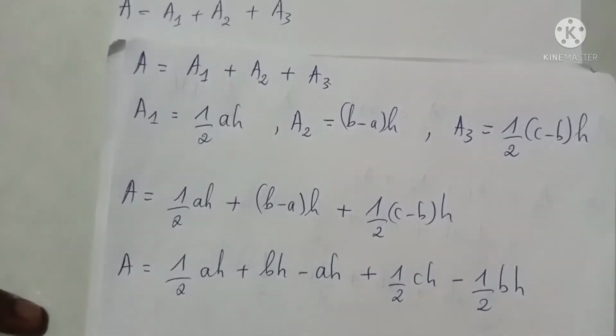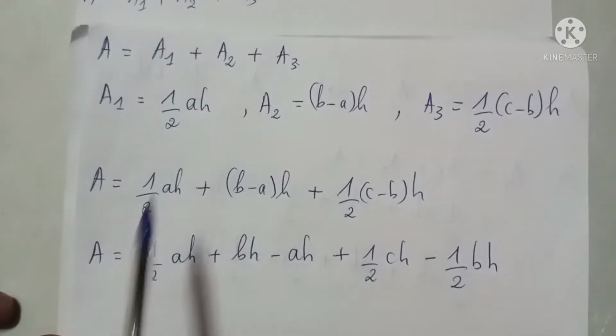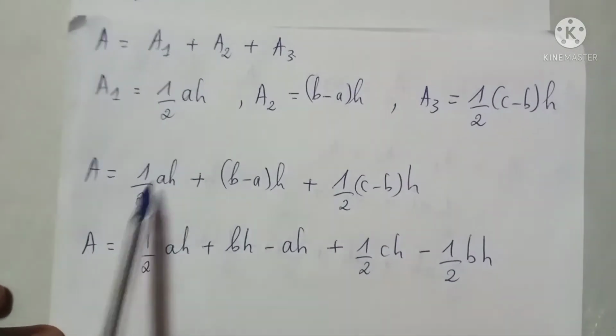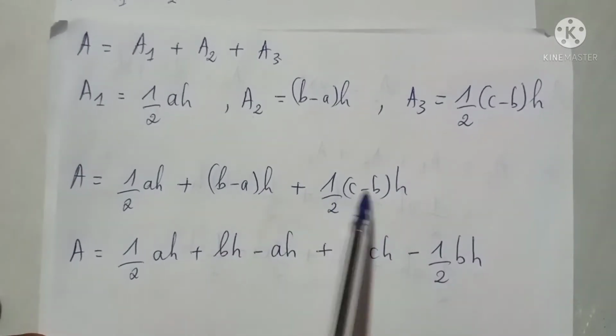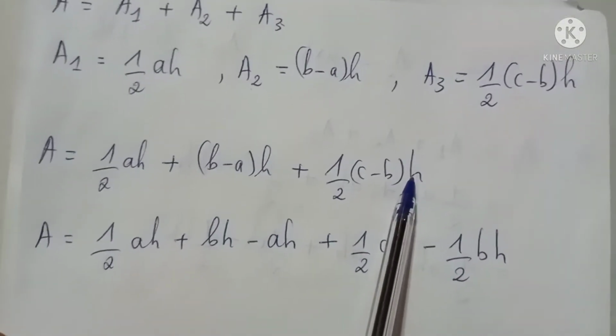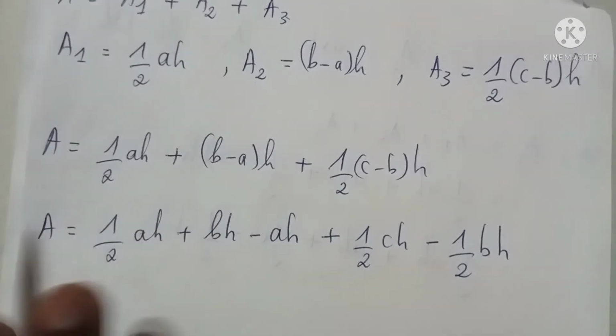Since we have all we need, we are going to replace it in the formula. So it becomes half a h plus b minus a, bracket, h plus half c minus b h. Now we are just going to expand our bracket.